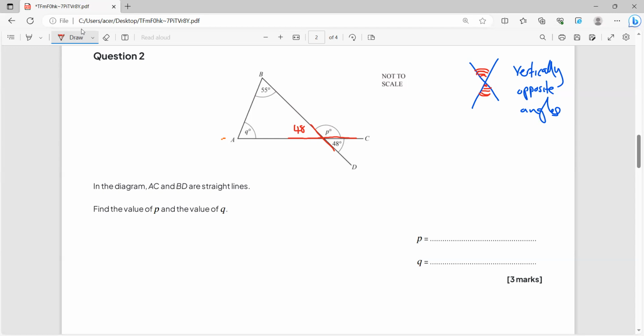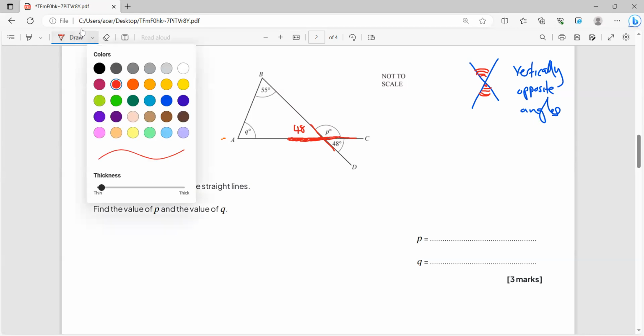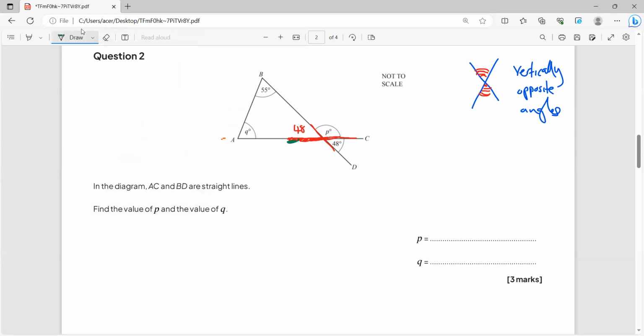Now we move on. We want to find P, but how can we find P? If you look at P and the red 48 or even the black 48, you can see that they are creating a straight line. This is the straight line that I'm highlighting. So 48 and P are on that green straight line.